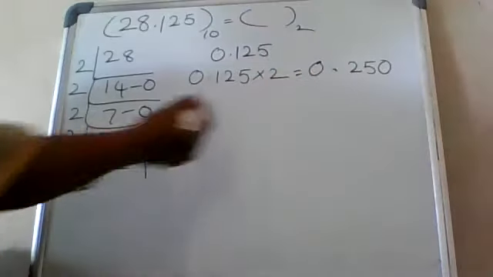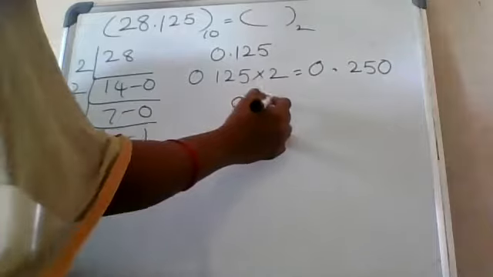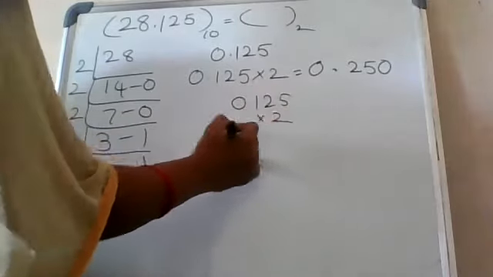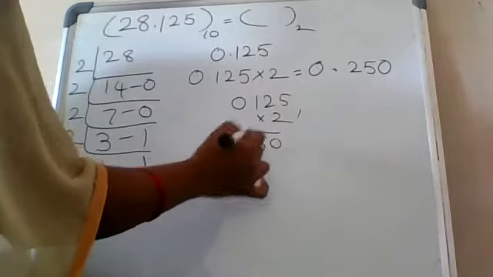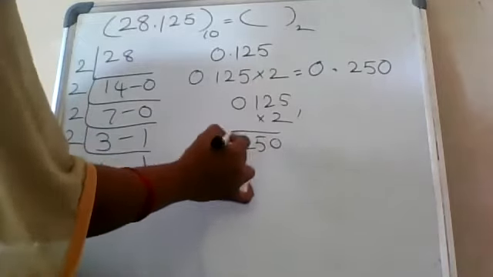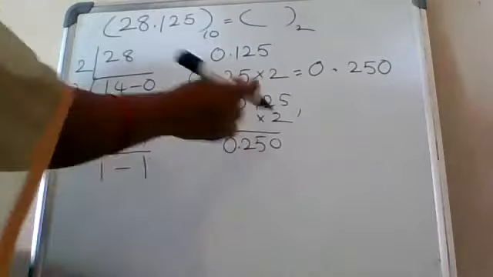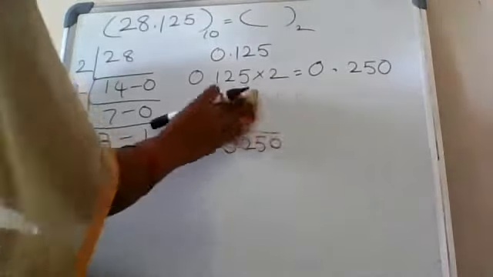0.125 times 2: 2 times 5 is 10, 2 times 2 is 4 plus 1 is 5, 2 times 1 is 2, and 2 times 0 is 0, so we get 0.25.